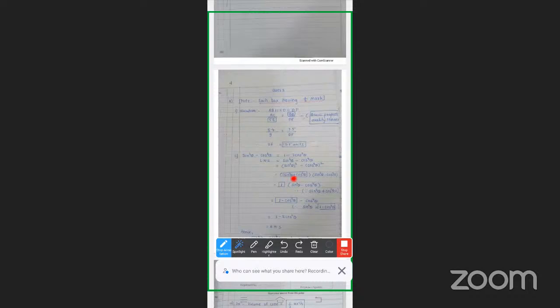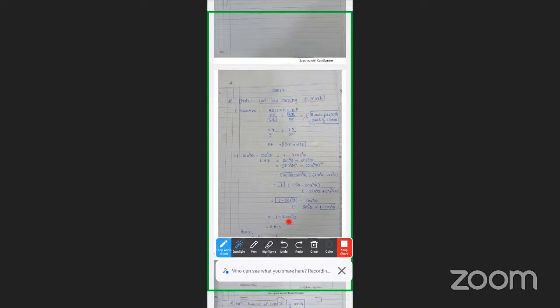So in the box we'll write 1, and the remaining sin square theta minus cos square theta as it is. Correct? But we know that again this is converted with the relation of cos, that is sin square theta is replaced by the value 1 minus cos square theta. So sin square theta is replaced by 1 minus cos square theta, minus cos square theta. So here 1 minus cos square theta minus cos square theta becomes 1 minus 2 cos square theta. So here LHS becomes RHS.